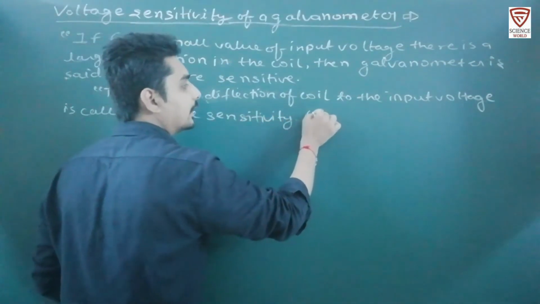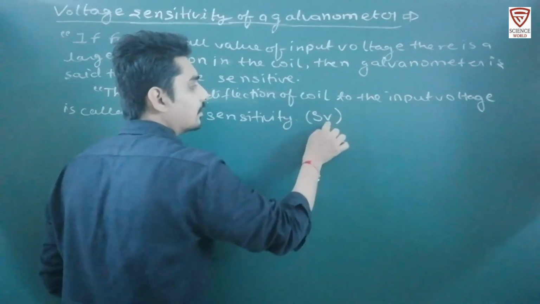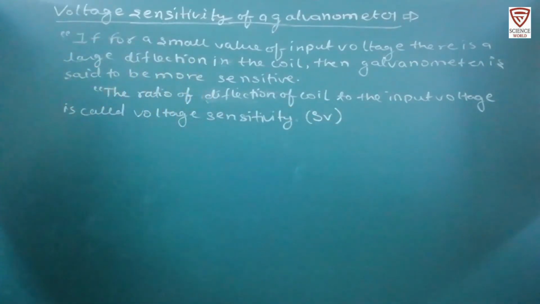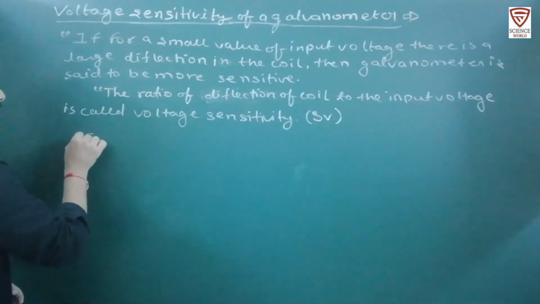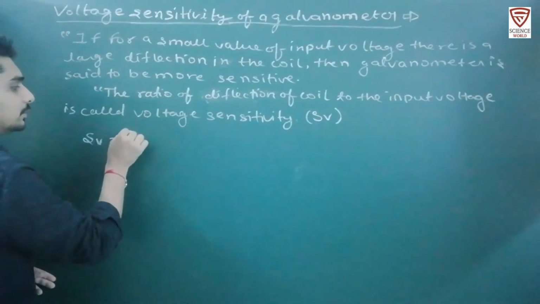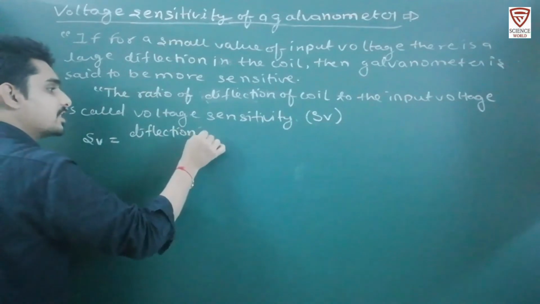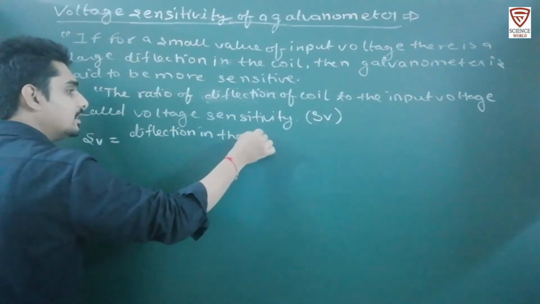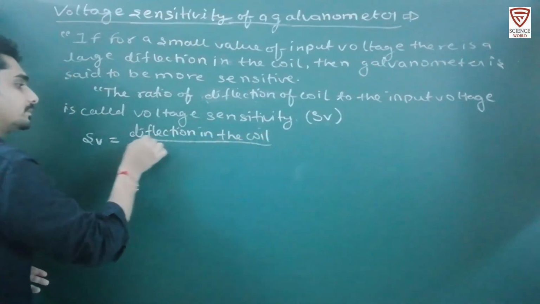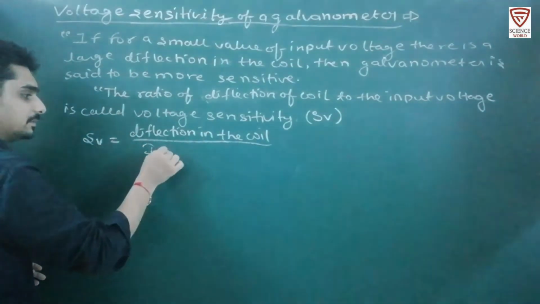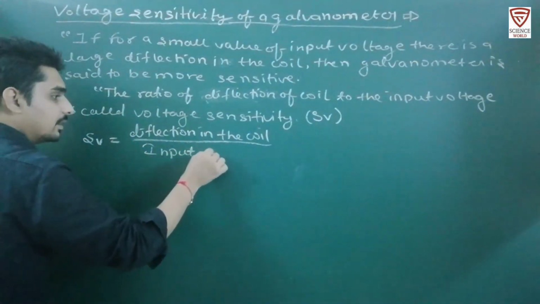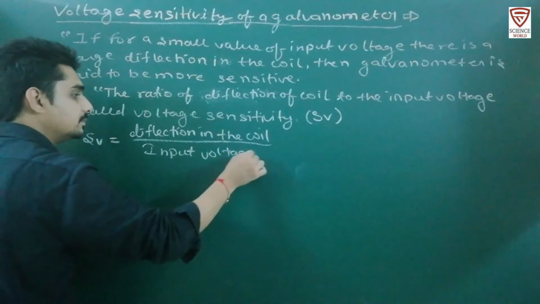It is denoted by SV, voltage sensitivity. So we can write down SV is equal to deflection in the coil of galvanometer divided by input voltage.